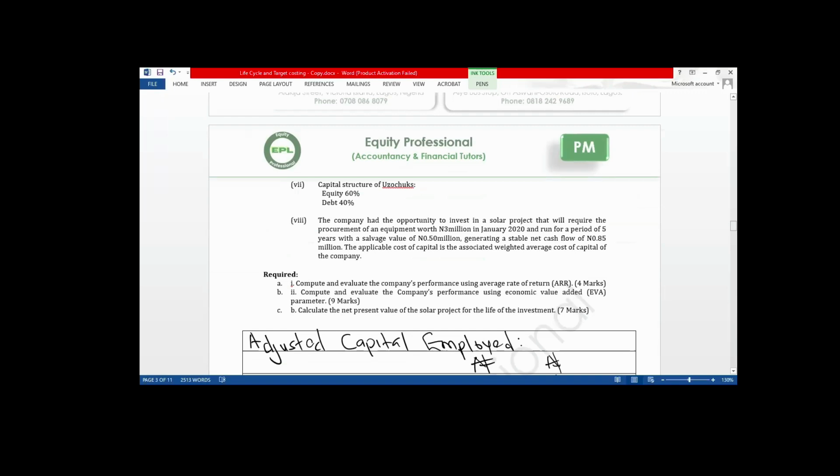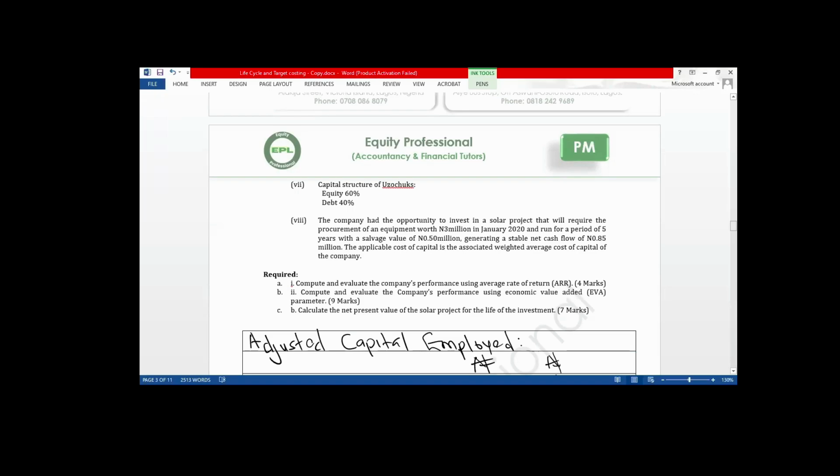Requirement B says compute and evaluate the company's performance using economic value added parameter. So you have to calculate and evaluate the company's performance using economic value added.